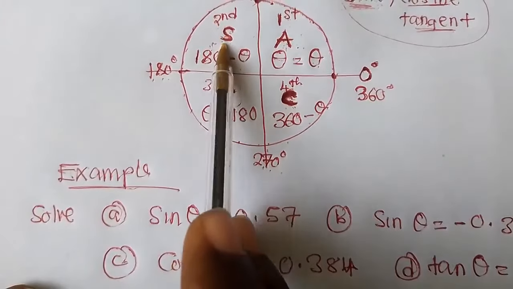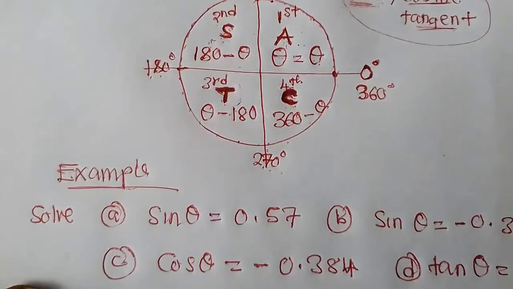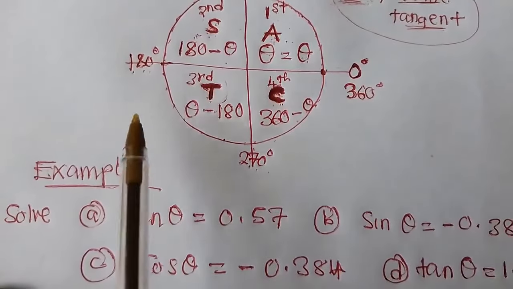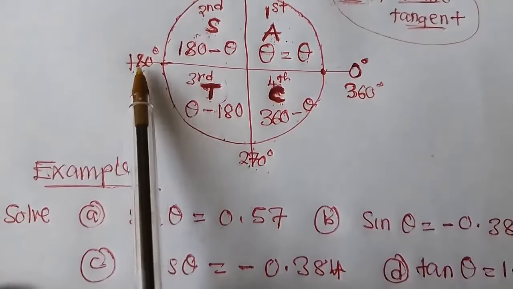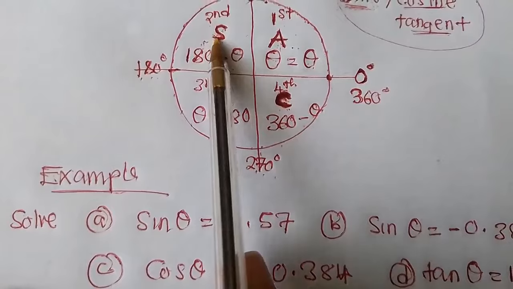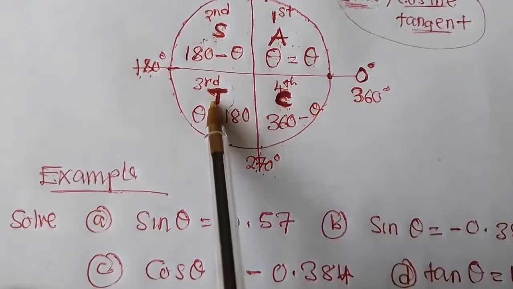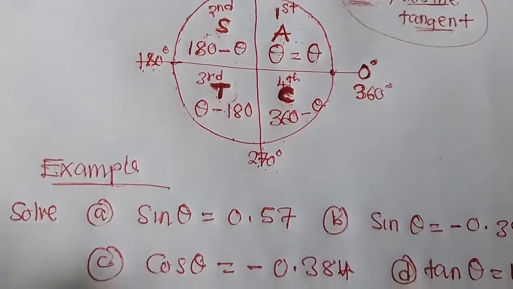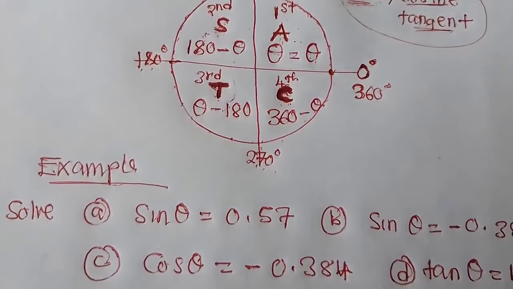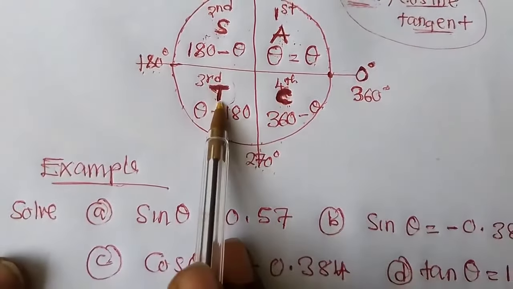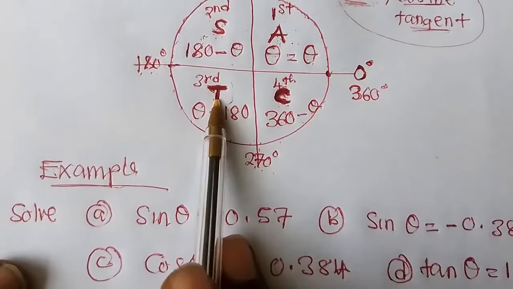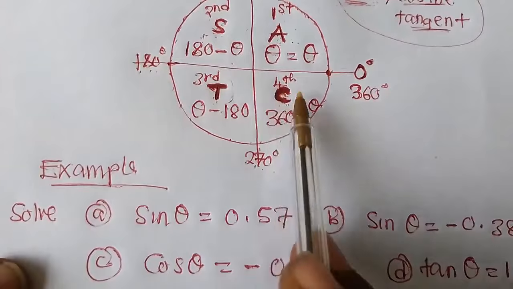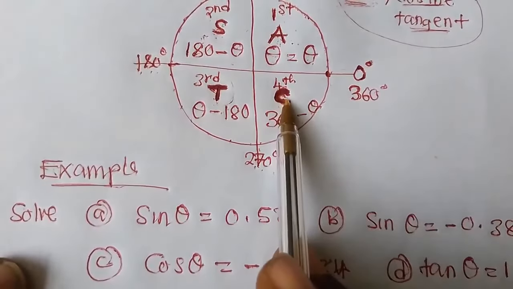So this is what we need to know and understand. Sine here is positive, even there is positive. But here it is negative, even there is negative. I explained this. I told you that in the third quadrant, only tan is positive, meaning sine and cosine are both negative. Here only cos is positive.